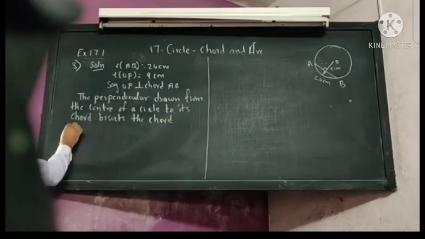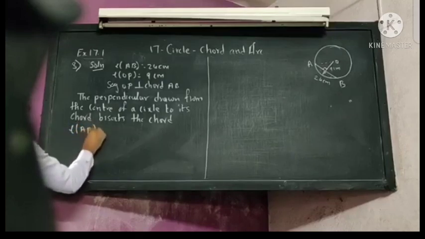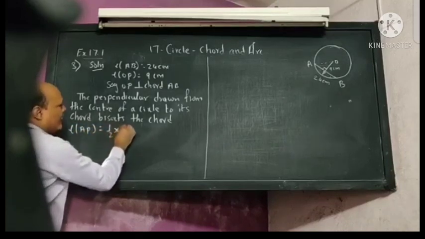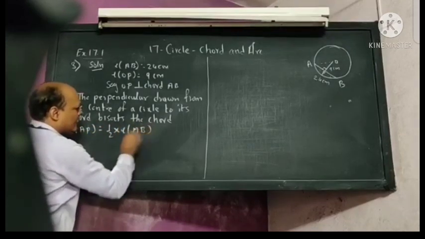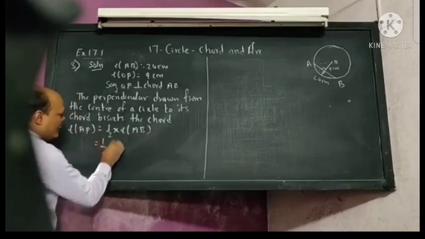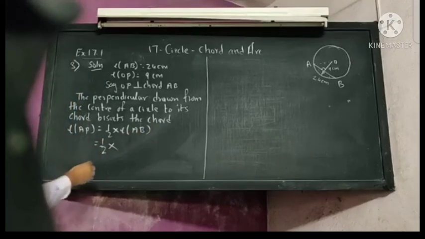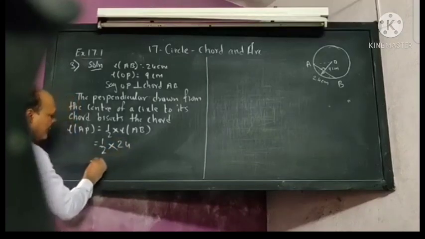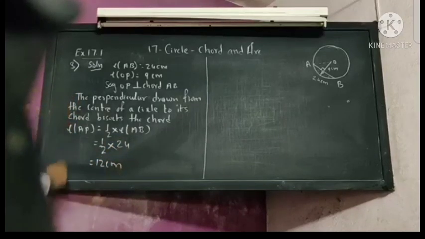That is, length of AP will be half of length AB. That is equal to half of AB. AB is how much? 24 centimeter. 24 half, that is 12 centimeter. That is the length of AP. How much we got? 12 centimeter.